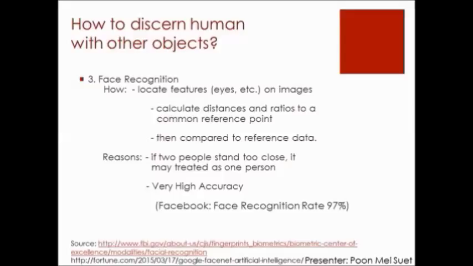No faces are identical. The technology locates features on faces, calculates distances and ratios of these features, and compares the data to reference data. After that, we can tell how many people there are by calculating how many faces. This method has two advantages. 1.